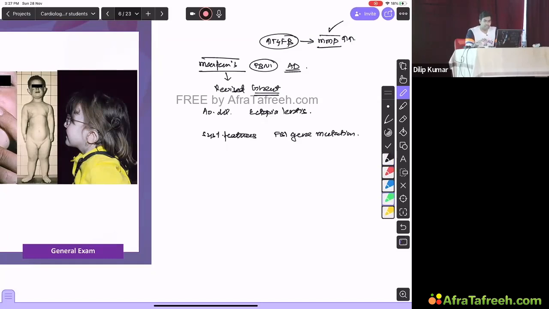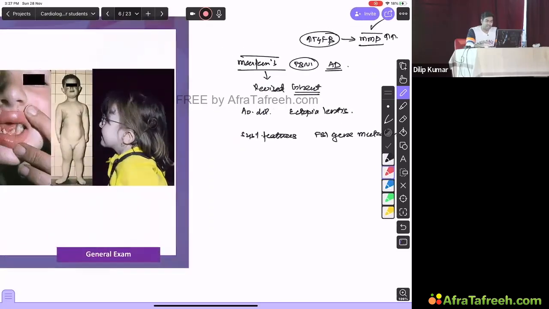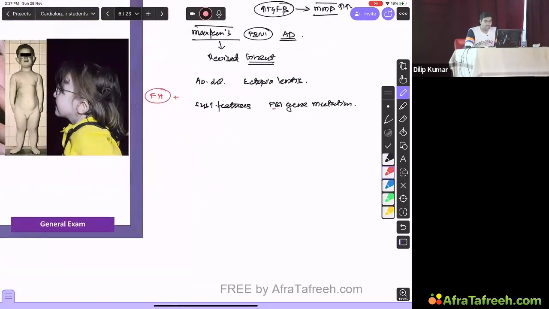So to be honest, you yourself tell me, suppose the patient has a family history, clear-cut family history of Marfan syndrome, then do you need to test for fibrillin 1 gene mutation? Yes or no? The answer is no, because that family history itself is like a test of fibrillin 1 gene mutation positivity.